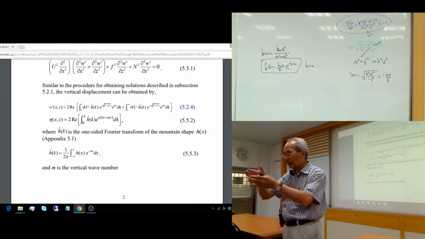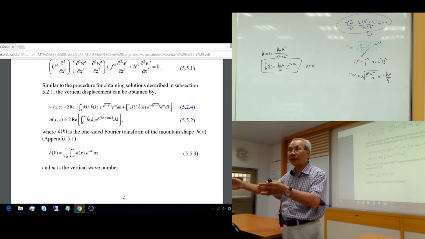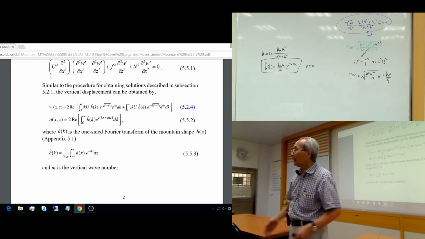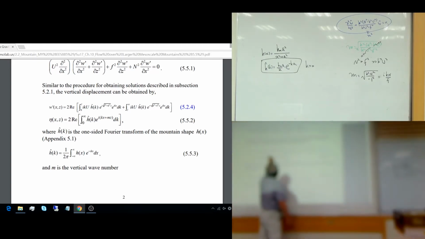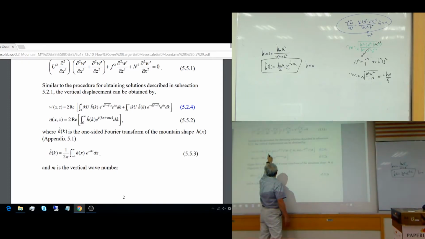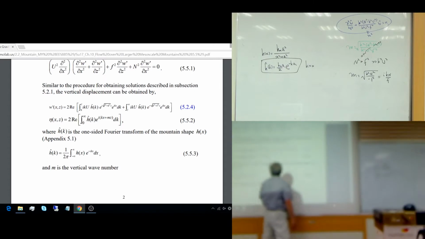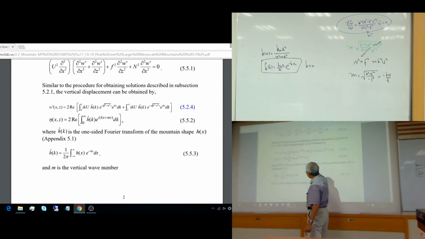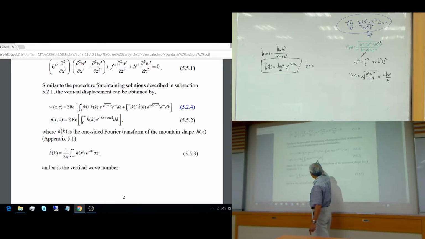It covers a spectrum of wave numbers, an infinite number of waves. So then we have this, k less than l, and this is k greater than l. And so eta can be obtained by this one. This is similar to what we did before.